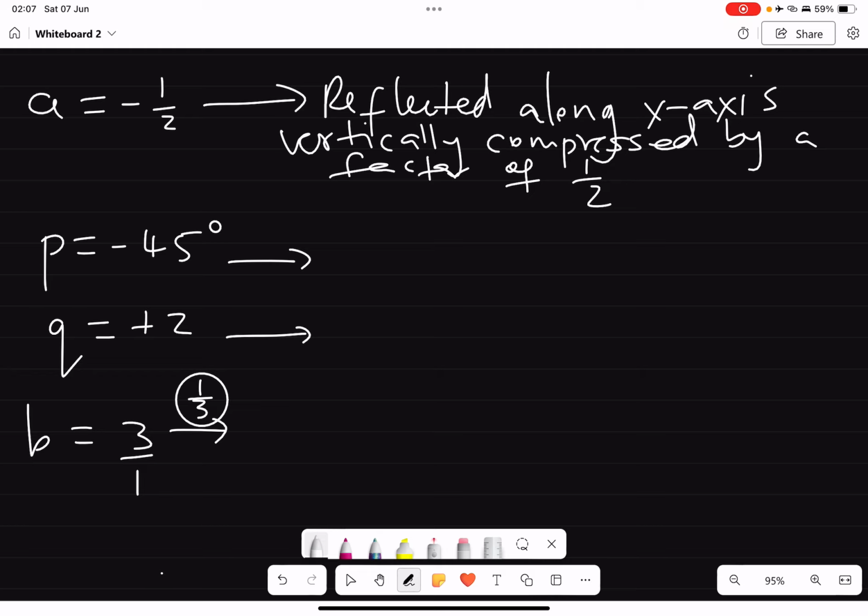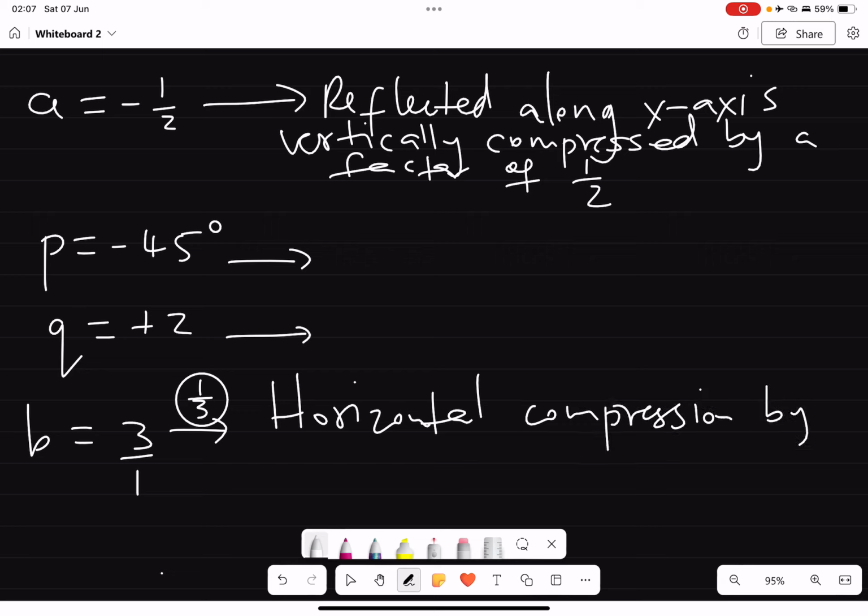The period is getting smaller now. So we're going to say horizontal compression with a factor of 1/3. All right, so the period is going to be shrinking here, and we'll see that as we compute the period.